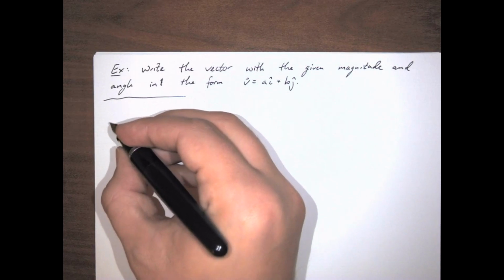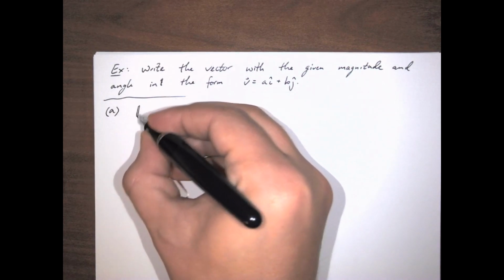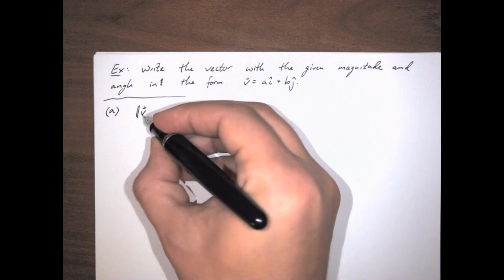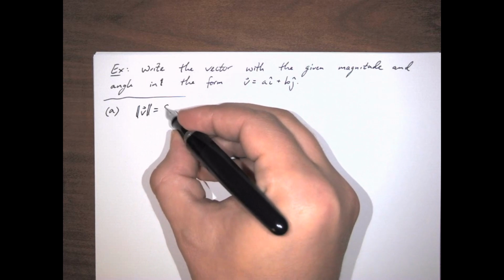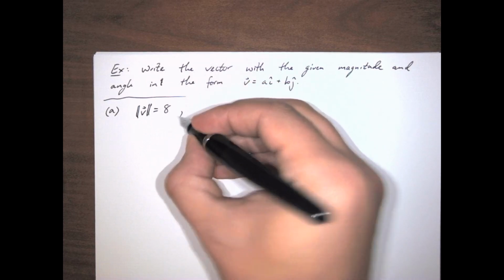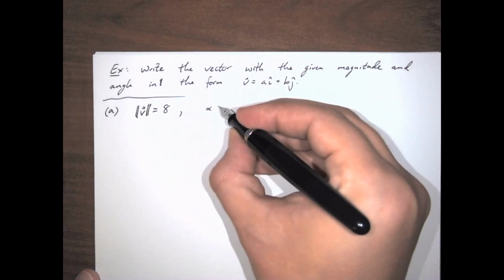So let's say we had something like this. Magnitude of V was told to us to be 8. And let's say the angle, which in the Pearson they use alpha. There's no reason not to use theta instead, but they use alpha, so I'll just write it like that.